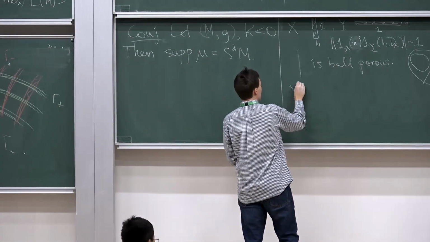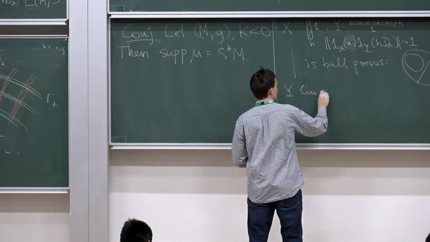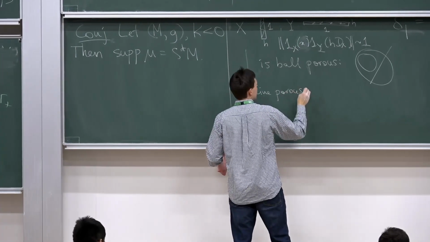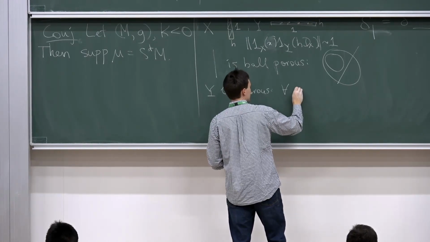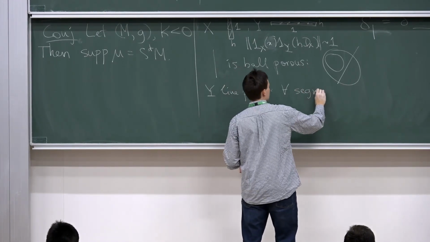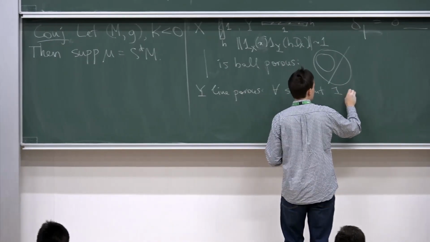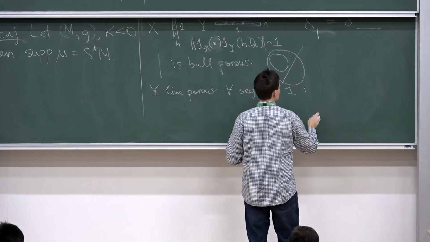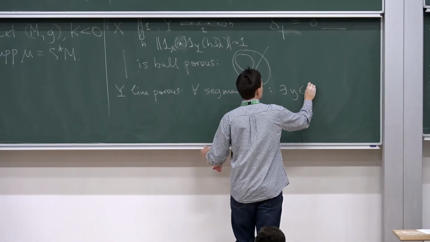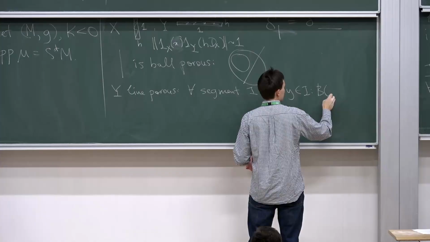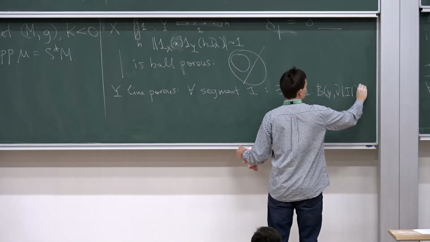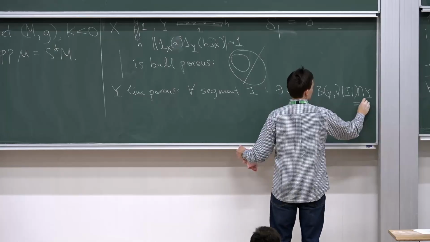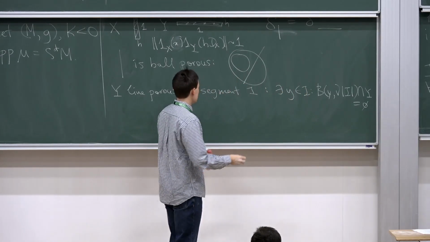And what do I mean by line porous? So Y is line porous means that for any line segment I of correct size, there exists a point in I such that the ball centered at this point of size nu times the length of I doesn't intersect Y. So the picture would be like this.